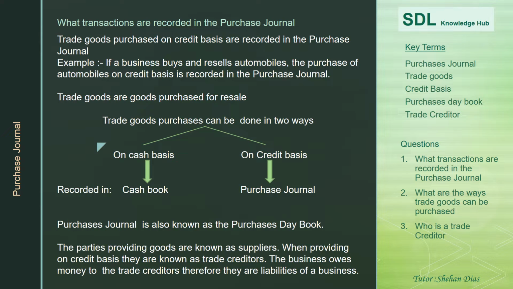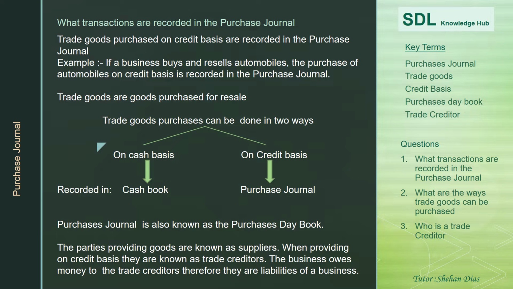One on cash basis, the other on credit basis. If it's done on cash basis, it is recorded in the cash book. If it's done on credit basis, it is recorded in the purchase journal. We have already looked at the cash book. So now we are looking at the credit basis purchase of trade goods, which should be recorded in the purchase journal.